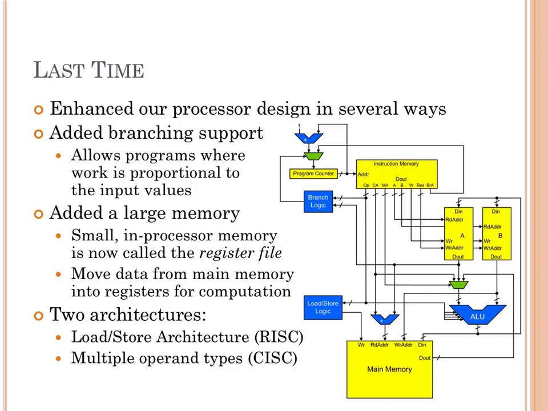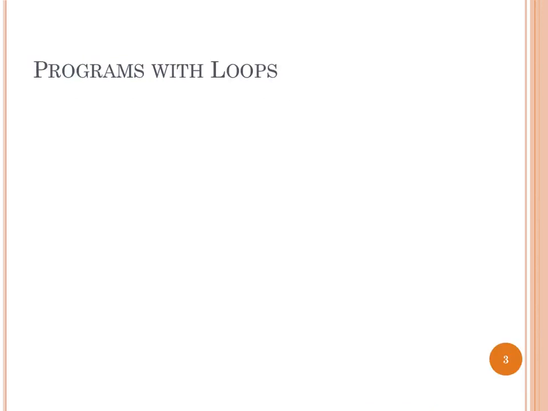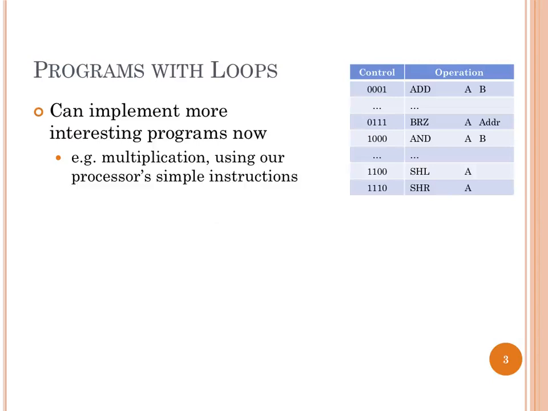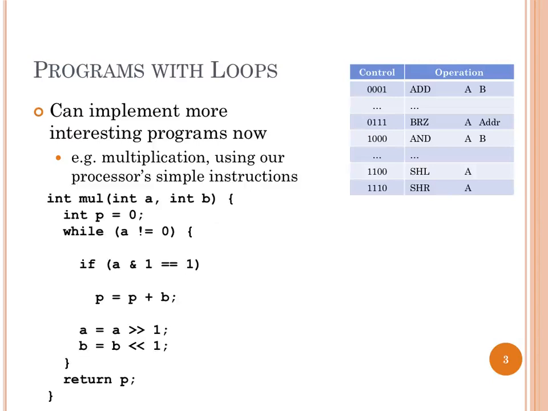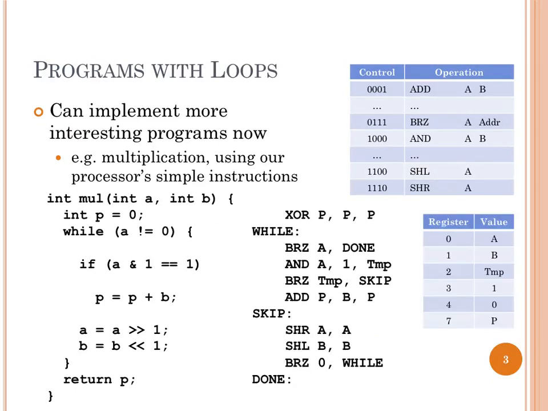And you'll see processors in the real world that are enhanced in all kinds of different ways, which is pretty cool. What we're going to do today is implement more interesting programs. We talked about doing multiplication. Now, here's the thing about multiplication. Seems like the kind of thing we might want to use a lot, right?